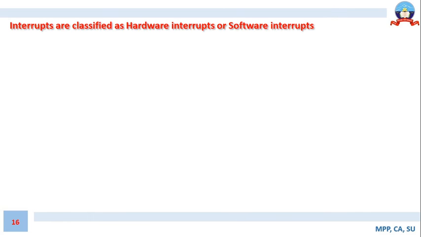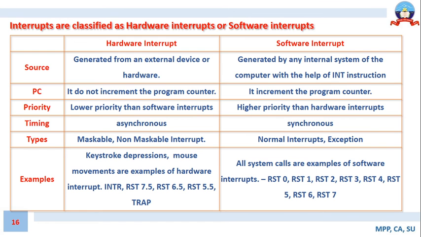Then we classified interrupts into hardware interrupts and software interrupts, where we learned about the description of the various interrupts, taking into account sources, program counter, priority, timing, types, and examples.